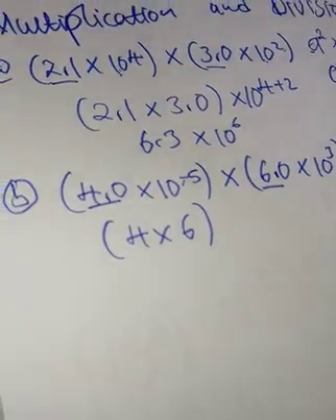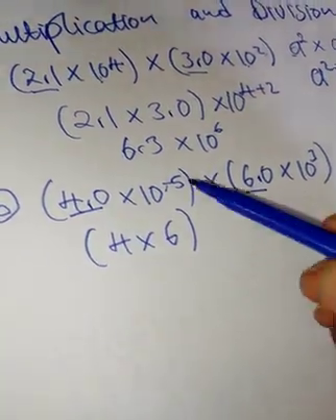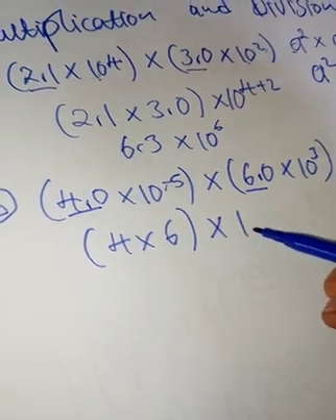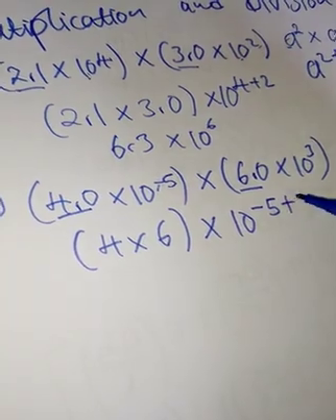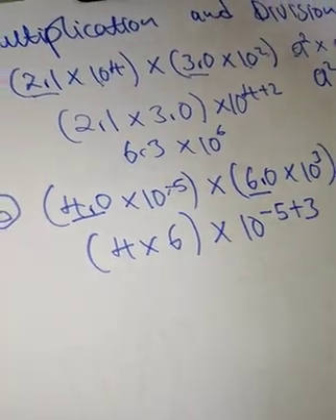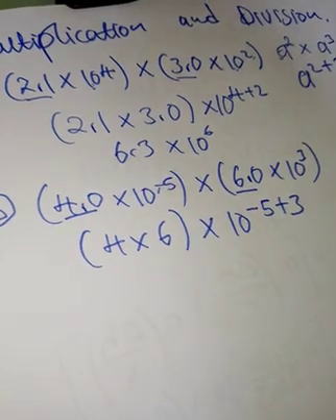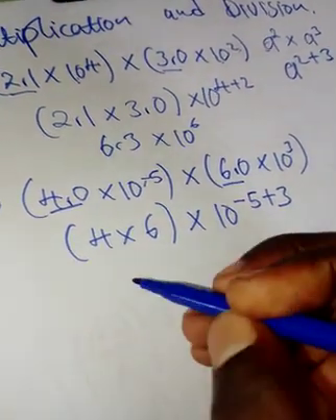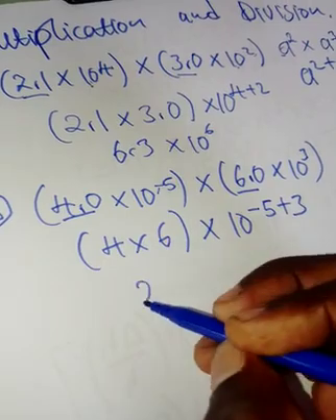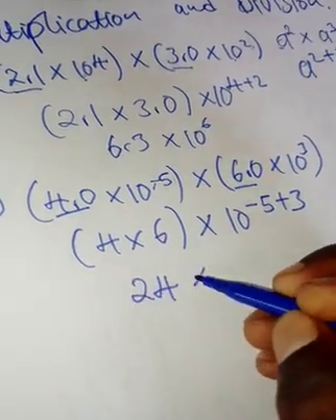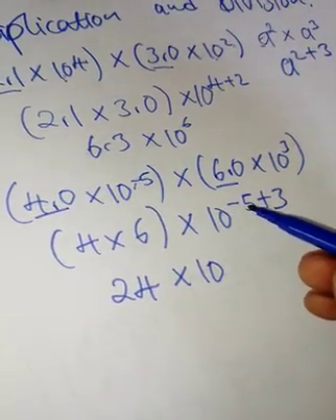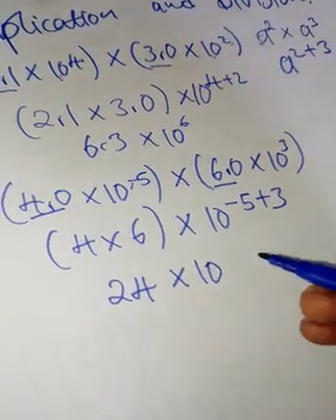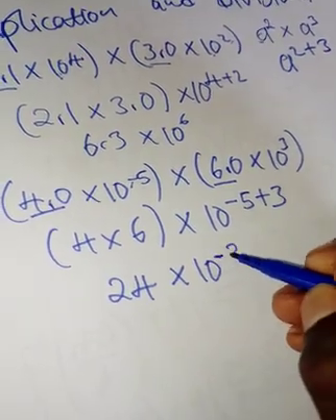Then you multiply by 10 and add the powers, -5 plus 3. 4 times 6 gives us 24, times 10 to the power -5 plus 3, that's -2.